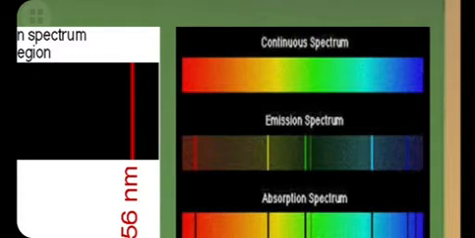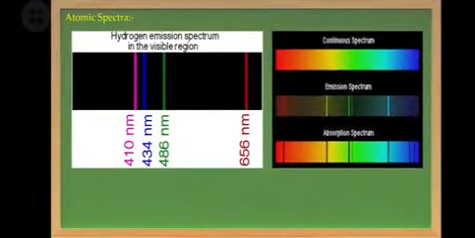Now, when hydrogen gas inside a glass tube is heated or given a high temperature, it also emits radiations of certain wavelengths. And when these radiations are passed through a prism, the spectra observed is called emission spectra.